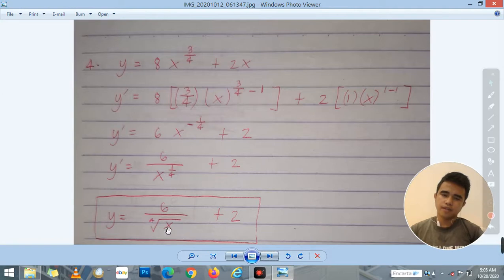So our final answer here is y equals 6 over the 4th root of x, plus 2. Actually, we can also have this answer or this answer. I will consider this as your final answer.